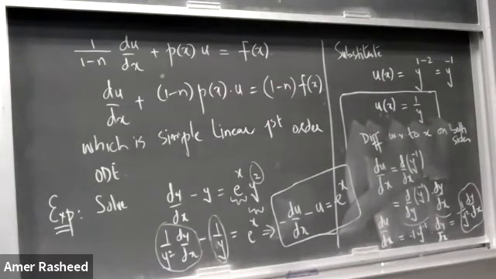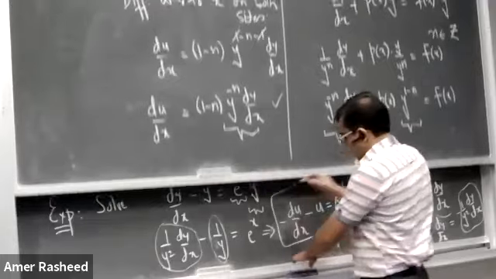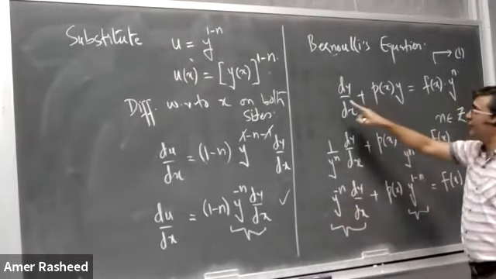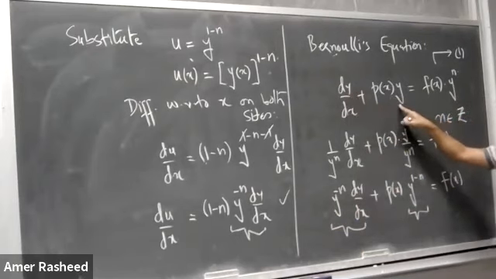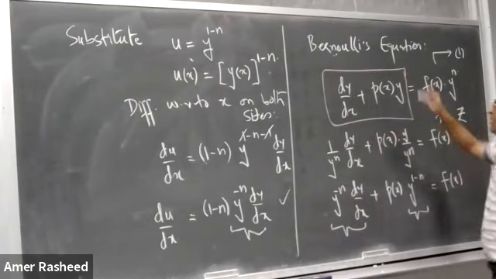Bernoulli's first order ODEs, or Bernoulli's equations. This is the procedure for solving Bernoulli's equations. Remember the form of the Bernoulli equation: dy by dx plus p of x times y. The left hand side is the same as the first order linear ODEs.